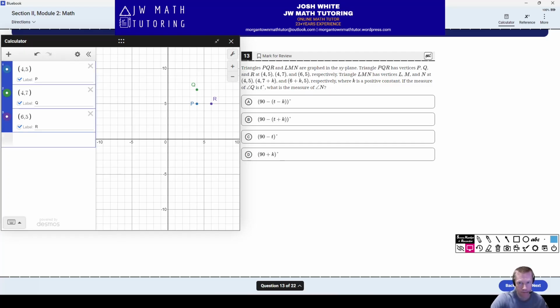All right, now we have L, M, and N. So L is actually going to be overlapping P, same coordinate. See L and P, same coordinates.